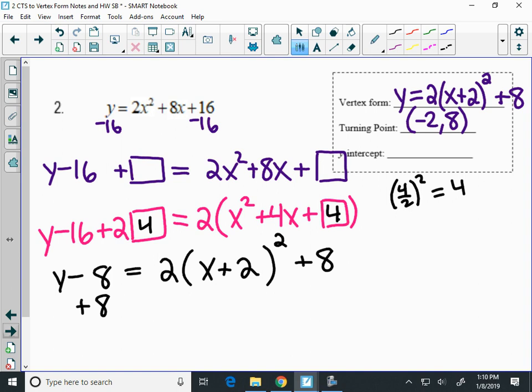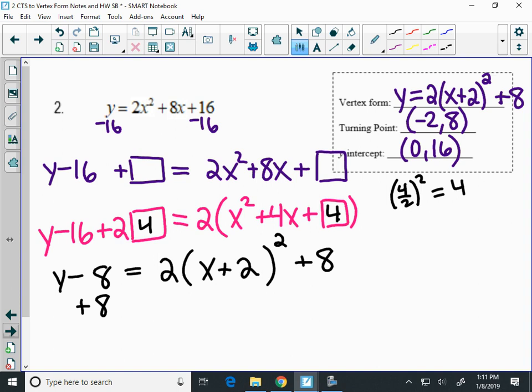Which one is easier to use to find the y-intercept? Probably standard form, because if I put 0 in for x here, I have 0 plus 0 plus the constant, which equals a y-intercept of 16. So that's there to remind you that your y-intercept is always the constant of standard form. You will get the same thing if you put 0 into vertex form here. It would just take longer. You okay with this so far?